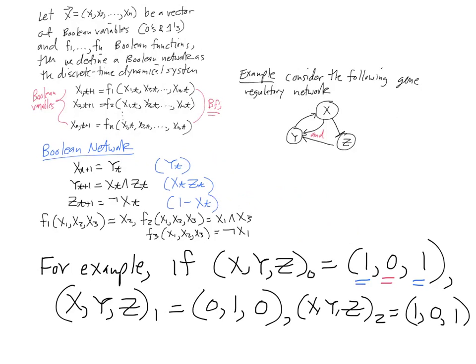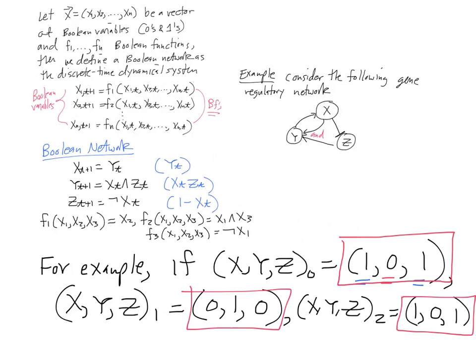And notice here, the 0th time period and the second time period have the same output, which means that the third time period will have the same output as the first, and here therefore we have a 2 cycle in a Boolean network.